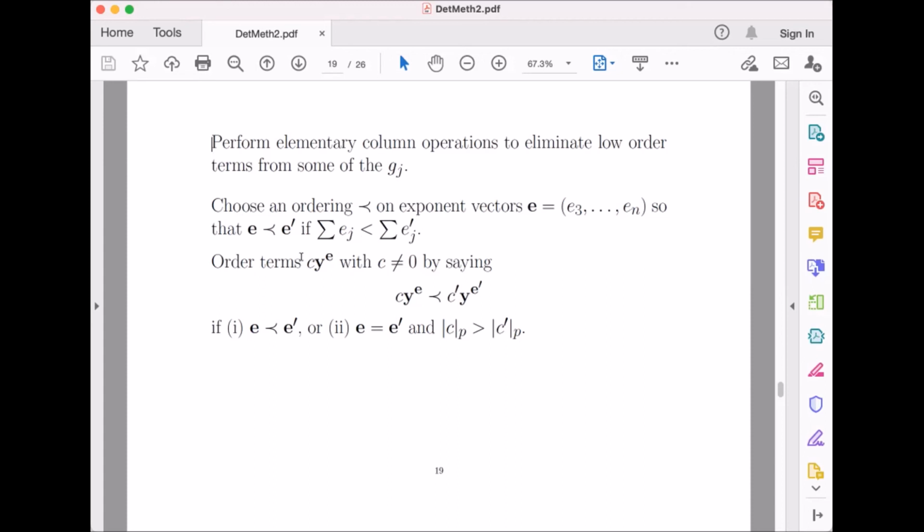And we are going to order monomials involving a non-zero coefficient by saying that C Y to the E is less than C dashed Y to the E dashed if either one exponent is less than the other, or the two exponents are the same, but this has a larger p-adic valuation than that.